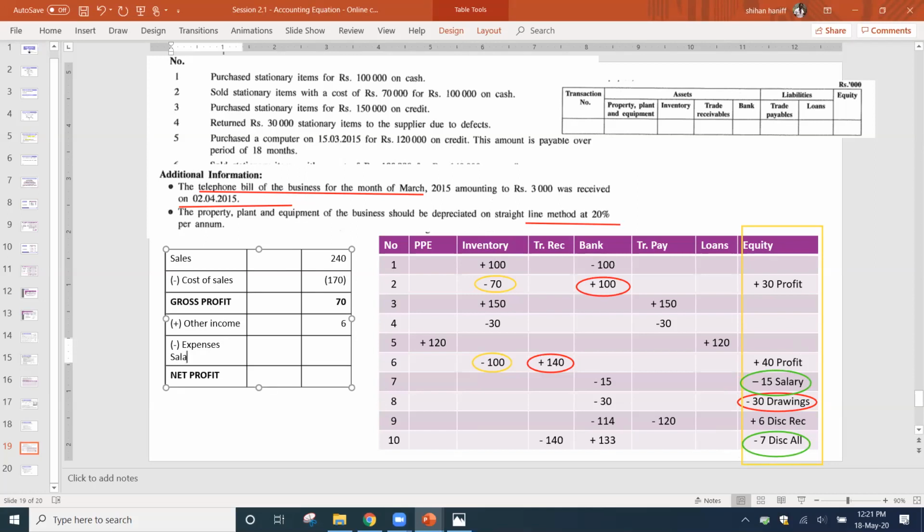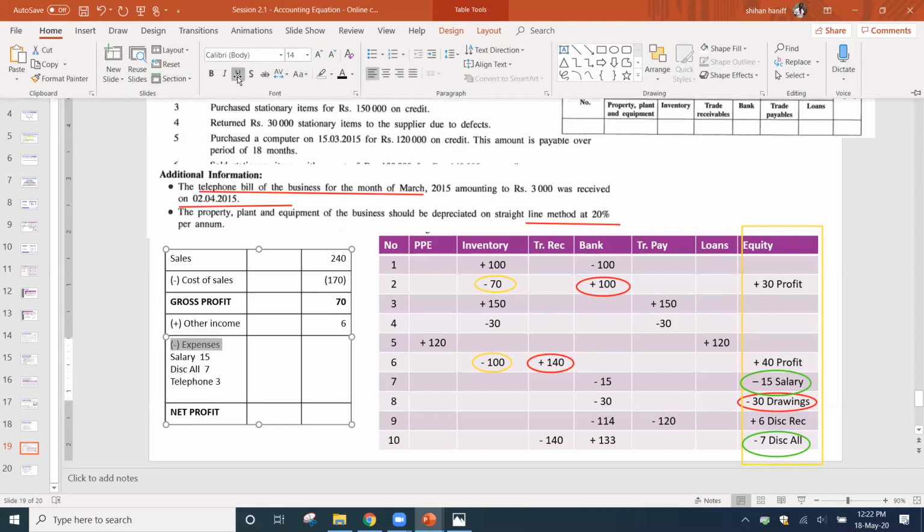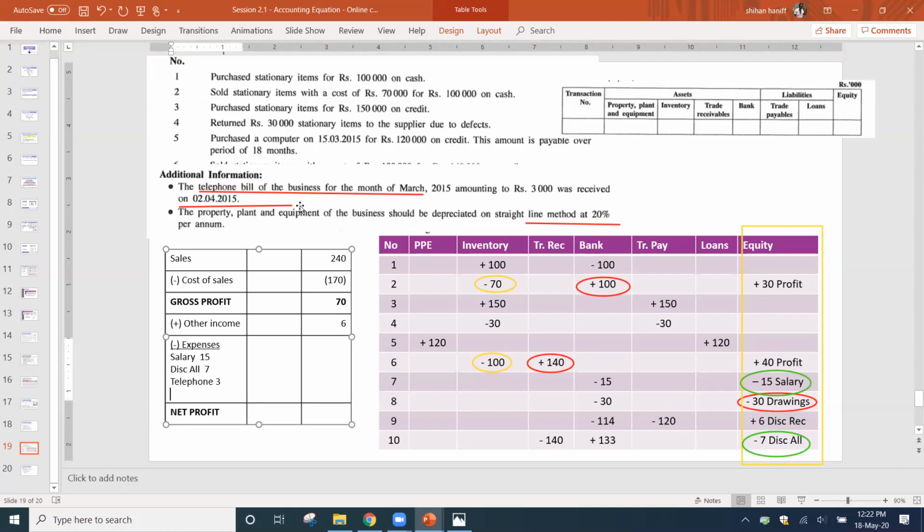We have salary, salary 15, discount allowed 7, and there is a telephone bill we didn't pay, 3,000, which we didn't pay, but it is payable. Telephone bill 3,000 and depreciation.